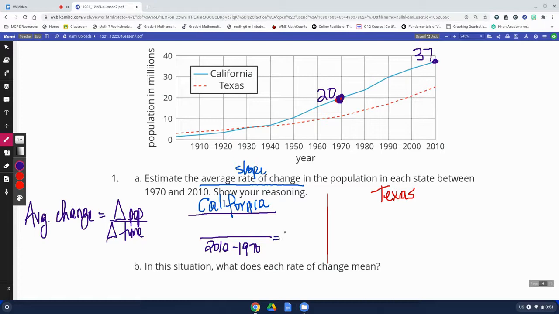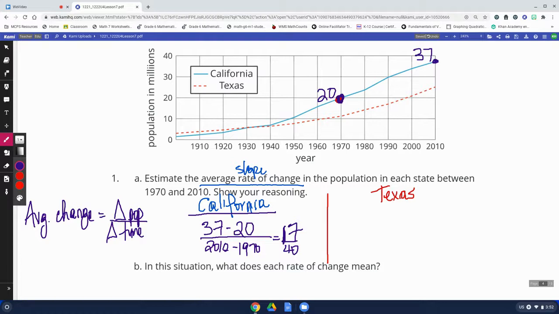That's a change of 40 years. Okay. And the population went from 20 million in 1970 to 37 million in 2010. So that's a change of 17 million over 40 years.